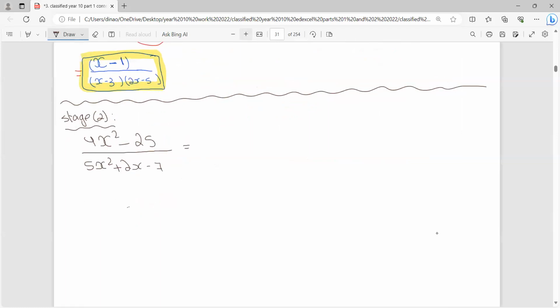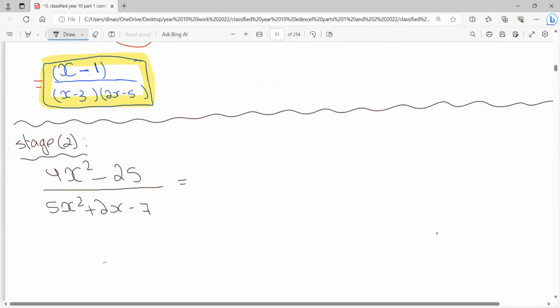Now, looking at this fraction and asking yourselves what can I do, you will find that this fraction can be factorized up and down. And again, as I said in my previous videos, if you have an issue with factorization, you will struggle in this topic. So please, you can always refer to my video, factorization part 1.